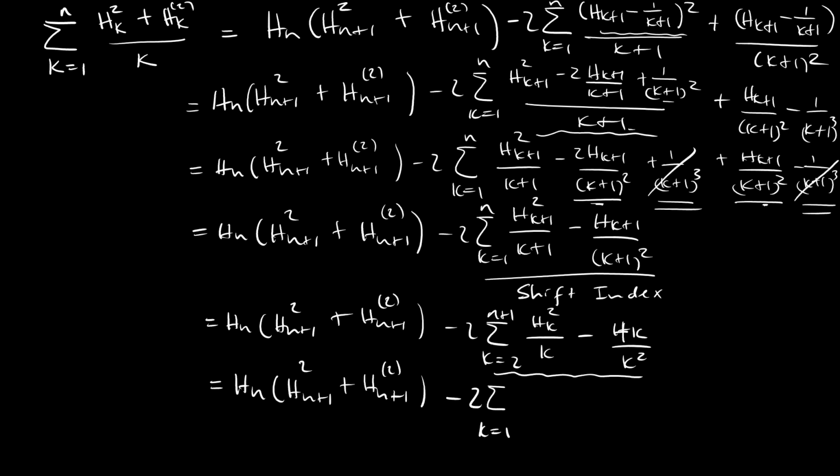We'd have to compensate for that later, because we don't have k equals 1, and then we will have to add separately the n+1 term. So this is that over k minus h_k over k squared.